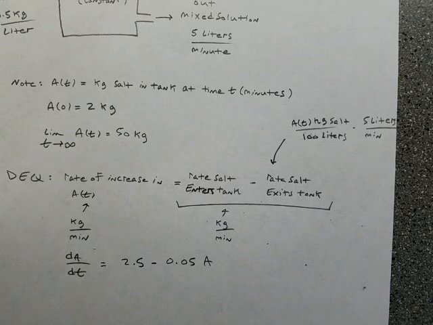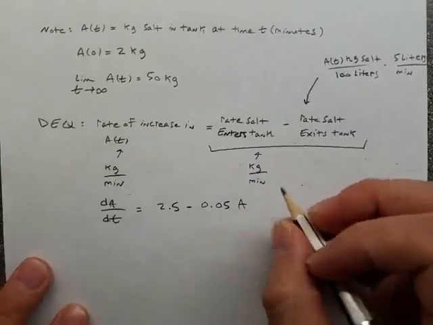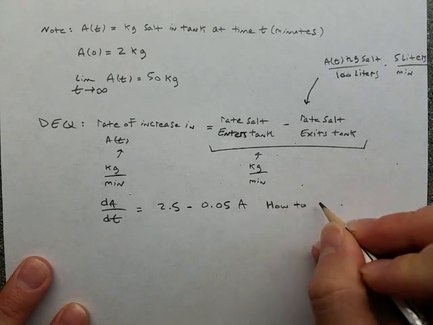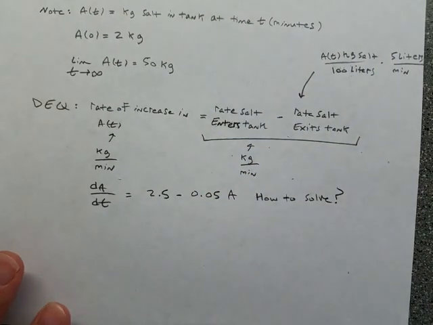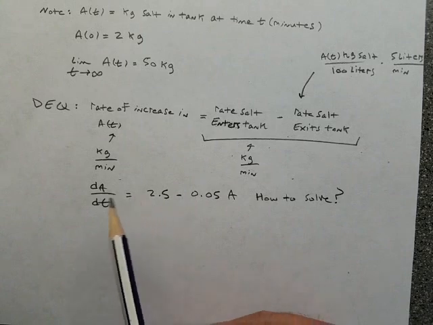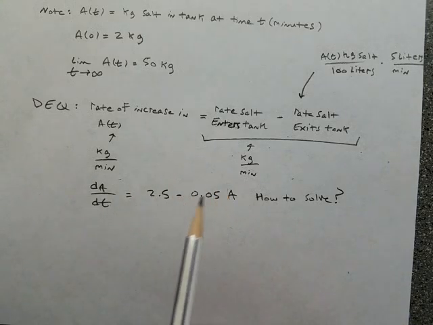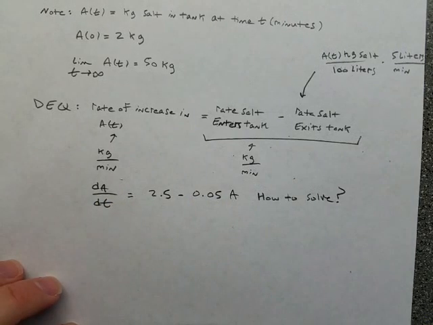Okay, now say we get there. We've got our differential equation. That's good, but the next thing to think about, with any kind of equation that you get, is how do you solve it? Different equations are solved different ways, and you have to figure out what kind this is. And that is a separable differential equation. Okay?